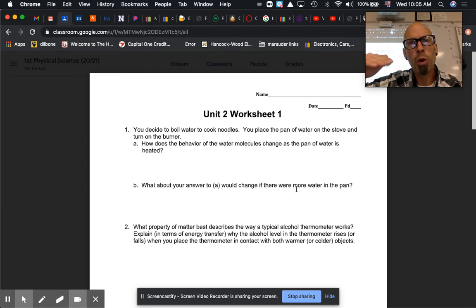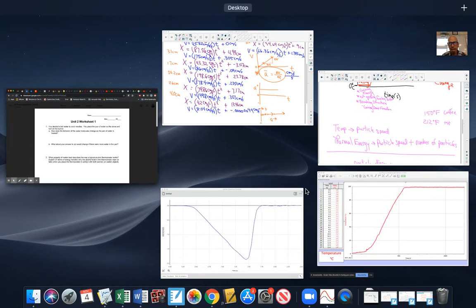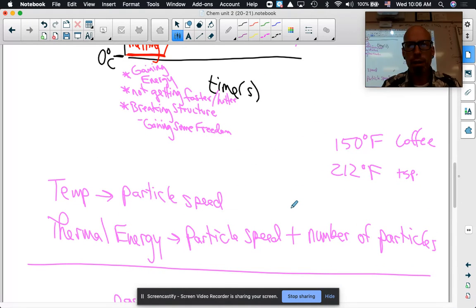Yes, but the one with more particles is going to take longer because it requires more energy because there's more particles. So that's what we're saying here. When we're looking at thermal energy versus temperature, thermal energy cares about how many particles there are and how fast they are, both. So I hope that makes sense.